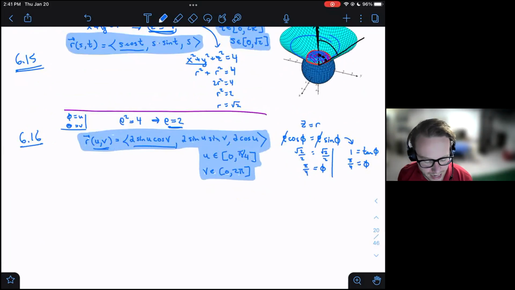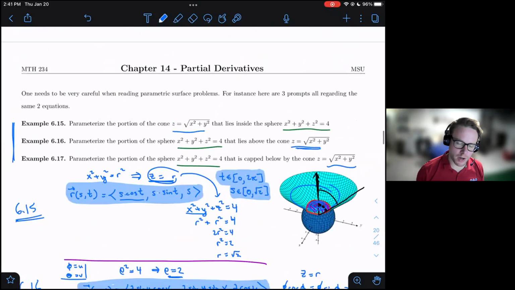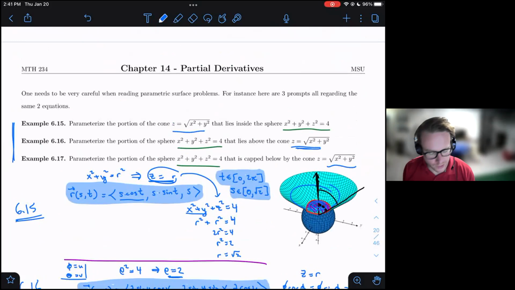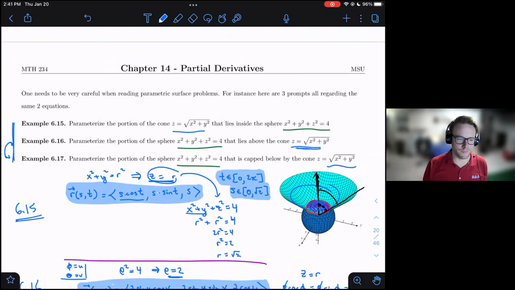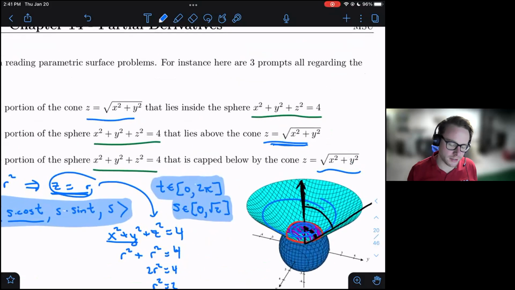There is one more example here, but I just wanted to showcase that these two right here actually mean the same thing. We have the portion of the sphere that lies above the cone versus the portion of the sphere that is capped below by the cone.